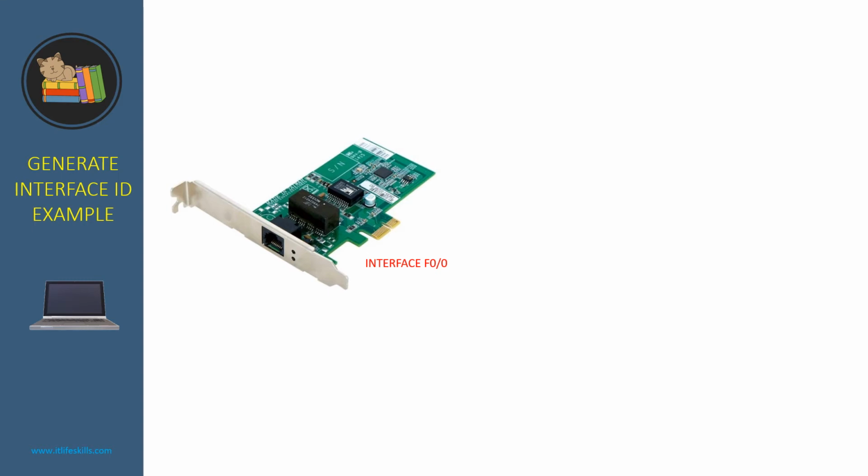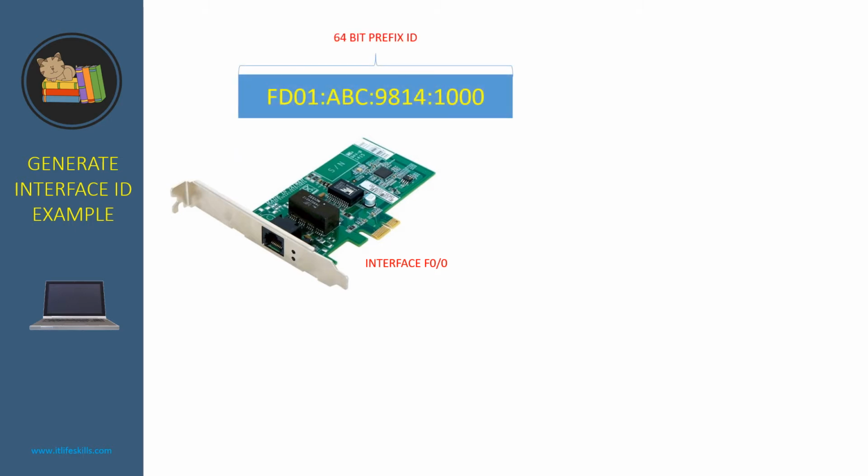Let's use EUI64 rules to figure out how IT Life Skills Router 1 generates the interface ID of the IPv6 address on the interface F00. Here is the 64-bit prefix ID configured on the interface F00.